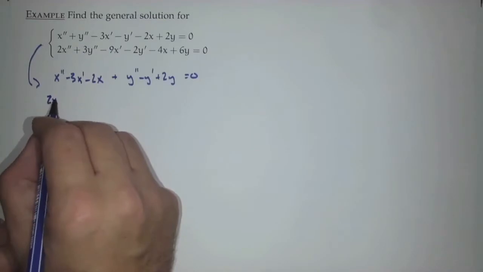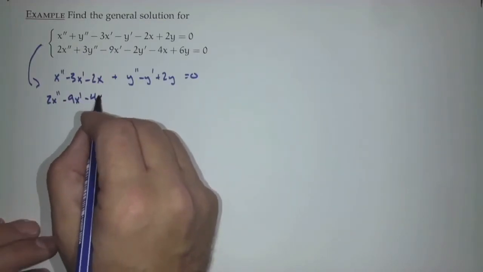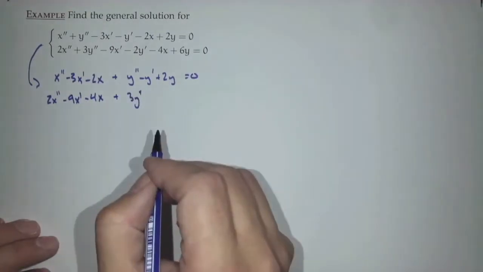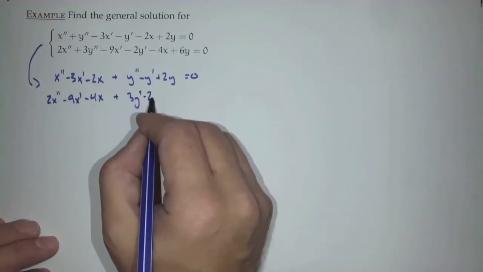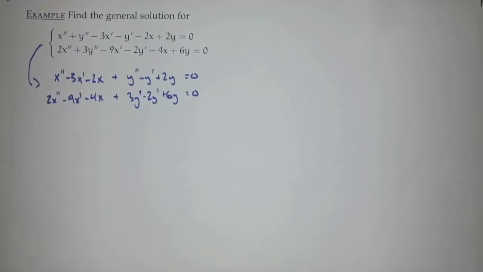And the other would become 2x double prime minus 9x prime minus 4x, and then we're going to add 3y double prime minus 2y prime plus 6y equals 0. So in other words, we're grabbing all the x's together and all the y's together.